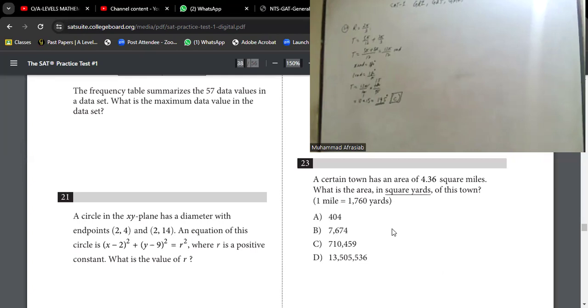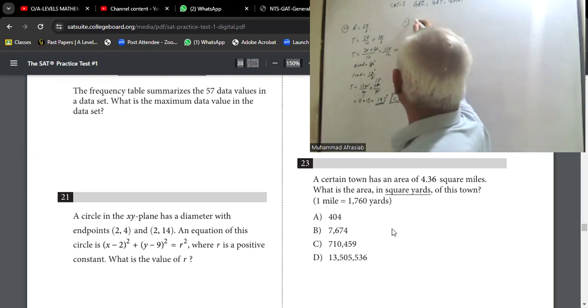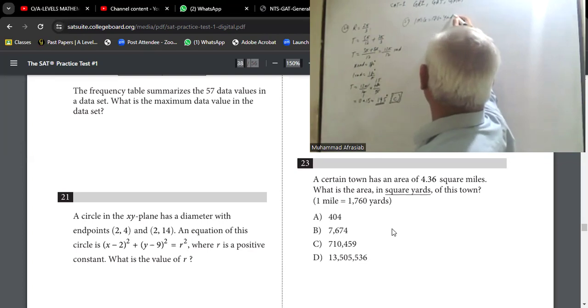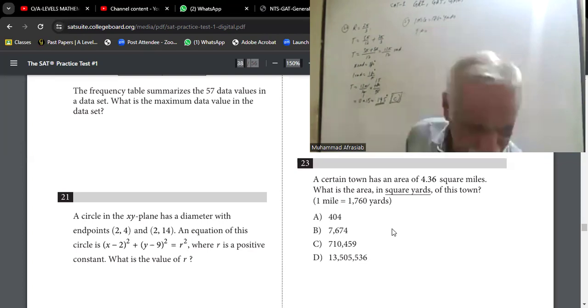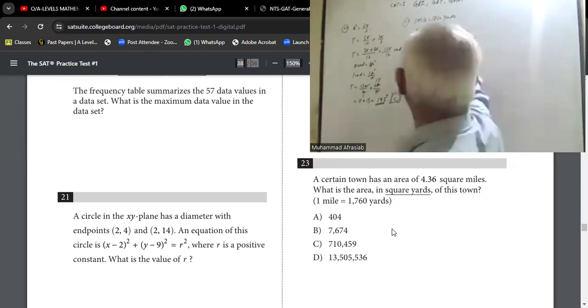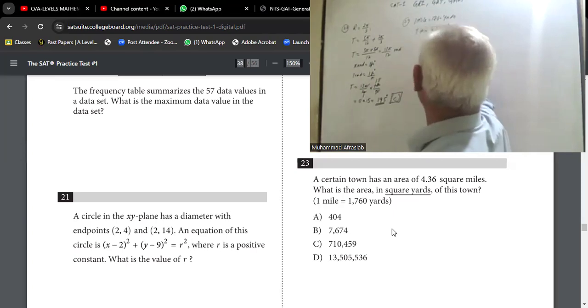Question number 23. A certain town has an area of 4.36 square miles. What is the area in square yards of this town, where 1 mile is equal to 1760 yards? The total area given is 4.36 square miles.